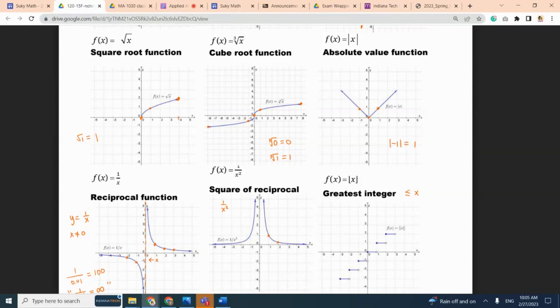Okay, everybody close your eyes. Line, what does a line look like? Line, straight line. Cubic function. This one. It's like that, one hand up, one hand down.